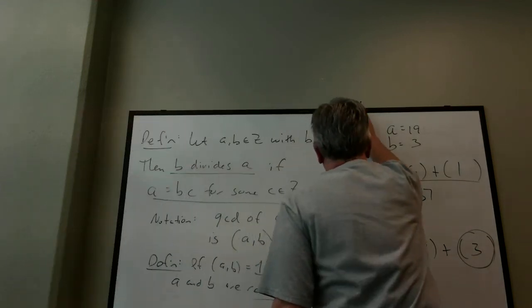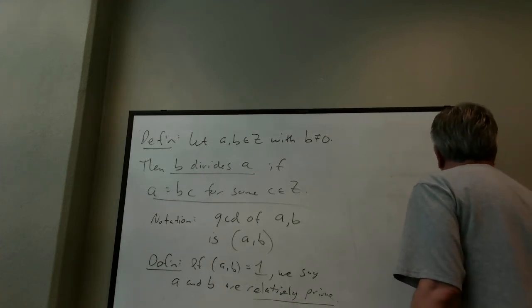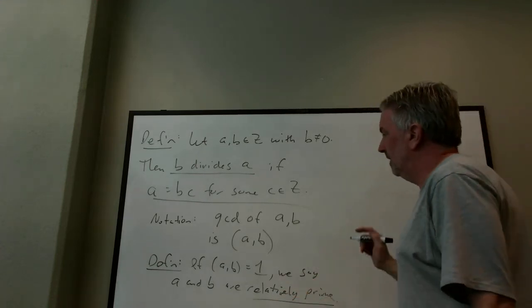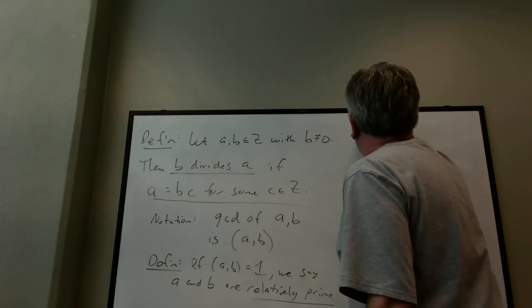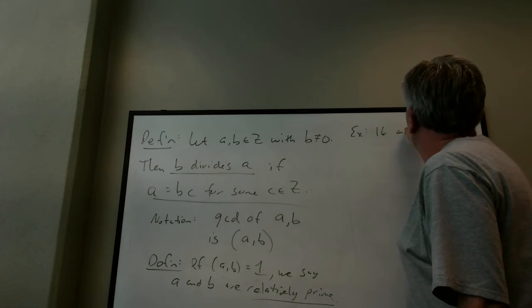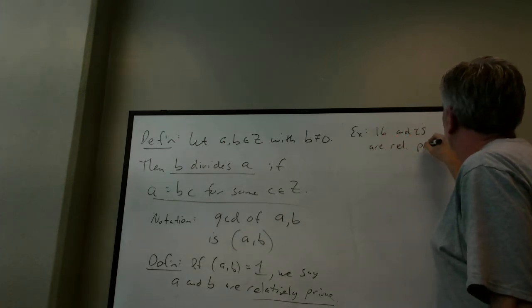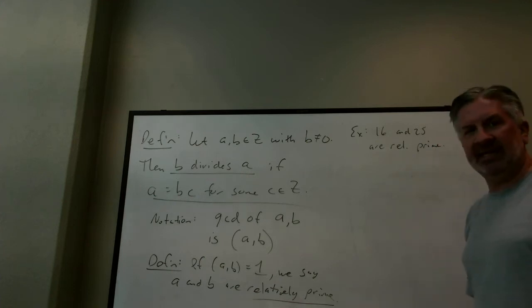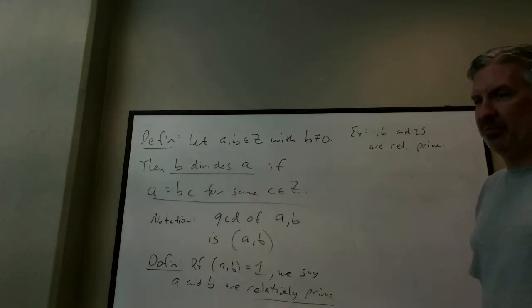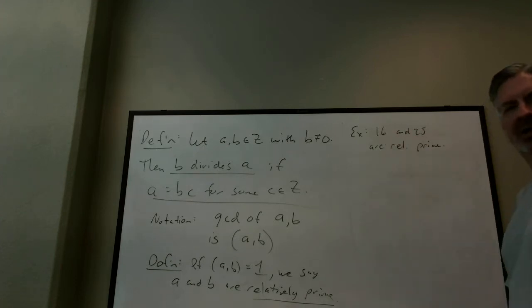So if the greatest common divisor of two integers is 1, we say those numbers are relatively prime. For example, 16 and 25 are relatively prime. Notice 16 is not a prime number and 25 is not a prime number, but they are relatively prime because the greatest common divisor of the two numbers is 1.